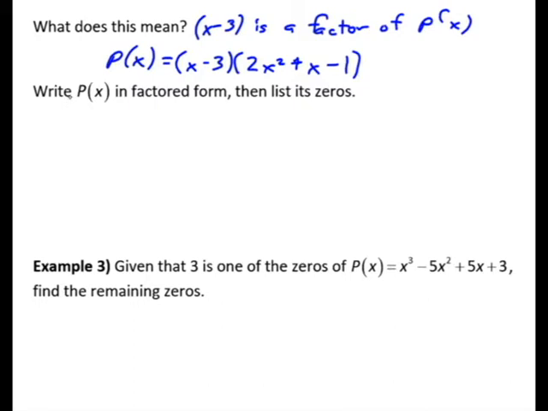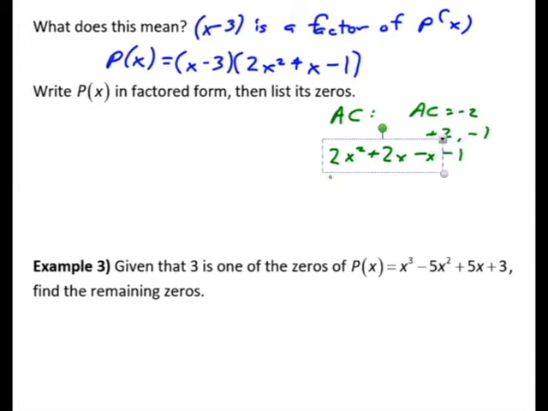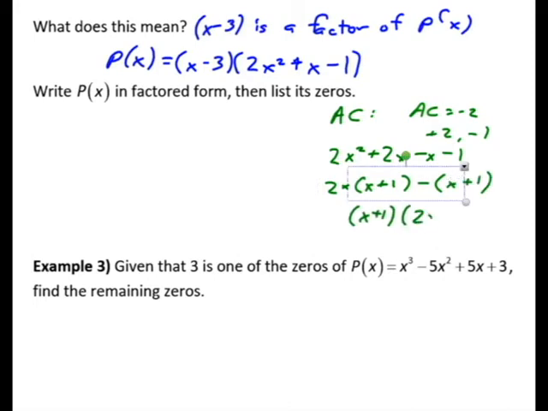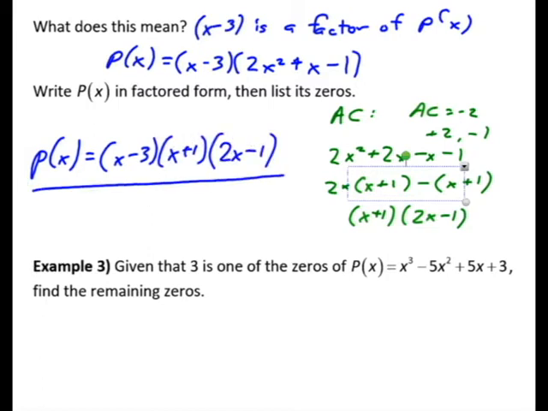That will get p of x in fully factored form. We can read the zeros right out of this factored form.